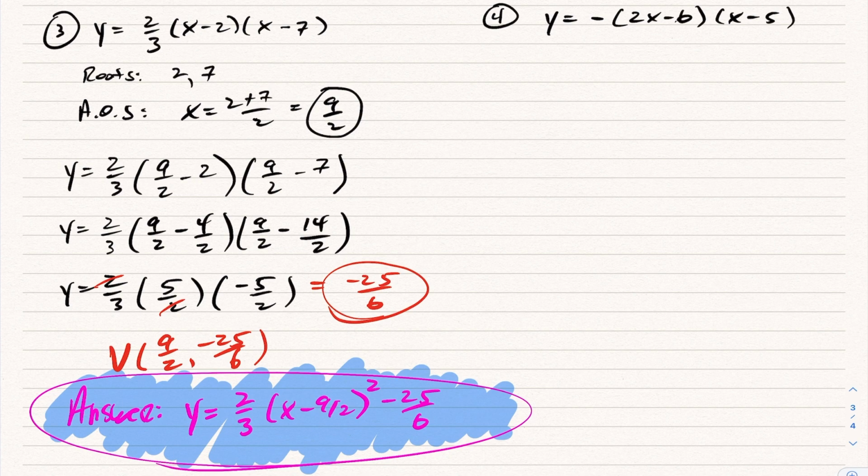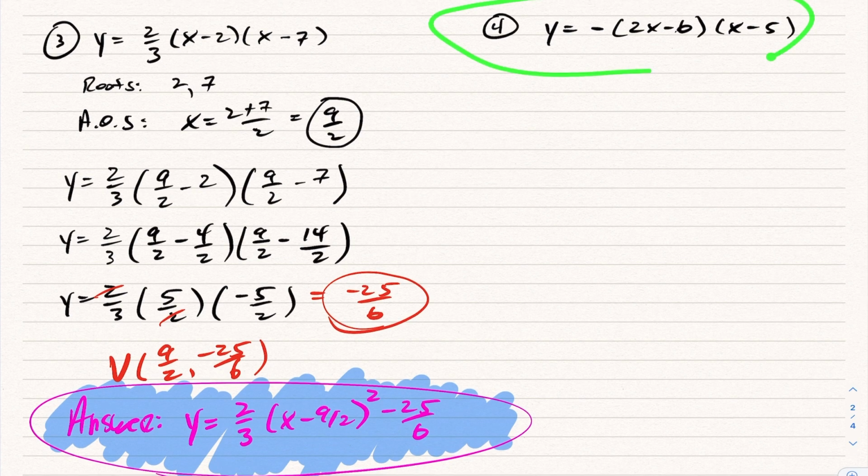Okay, now I want to take a look at number 4. The reason why number 4 is interesting is because it's actually not in proper factored form. This right here is not fully factored, so it's messing up the value of a. So what I need to do for number 4 is factor out a GCF of 2 from this expression, so I'm going to factor that 2 out, and this becomes x minus 3, x minus 5.